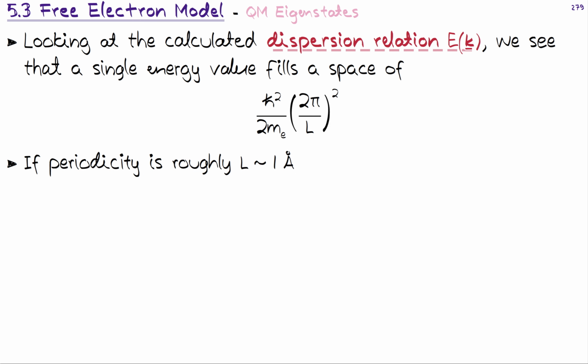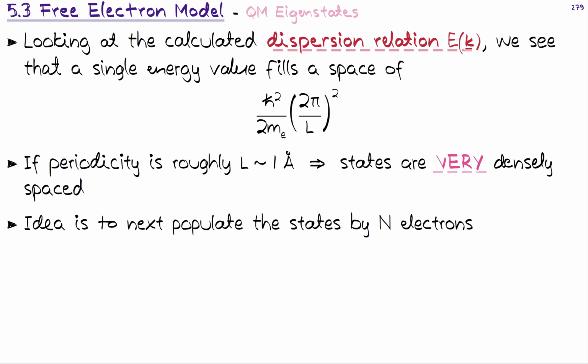If the periodicity of our system, this L, is roughly of the order of 1 angstrom, which is roughly the case when dealing with solids, the lattice constants are usually of the order of an angstrom. For diamond, if I recall correctly, it's 0.357 angstroms, so 357 picometers. When we plug this L value into the above equation, we see that the states are very densely spaced indeed, very, very close by.